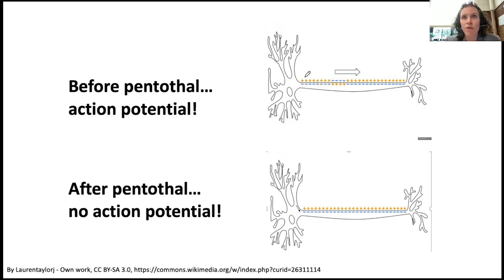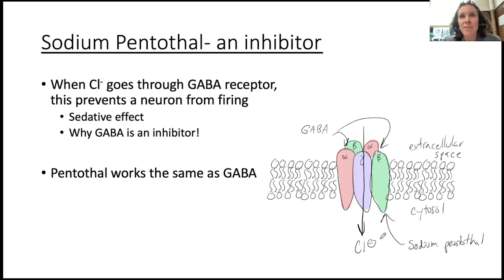So recall, for an action potential to work, we need the charges to flip. We need the outside to become negative, and we need the inside to become positive along the neuron, just like this on the top. But if we send chloride through, we're sending a negative charge to the inside.